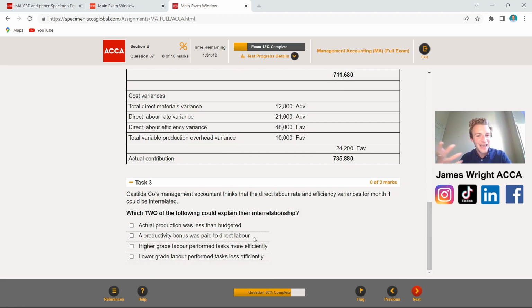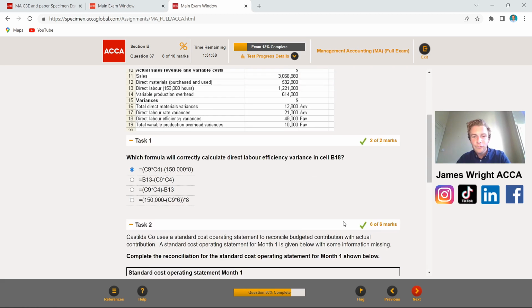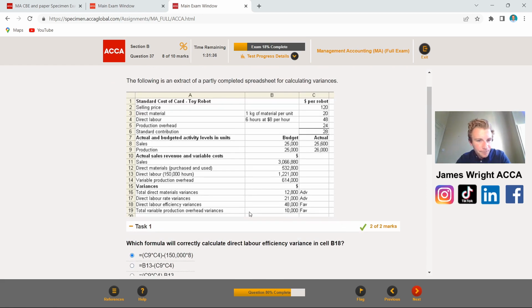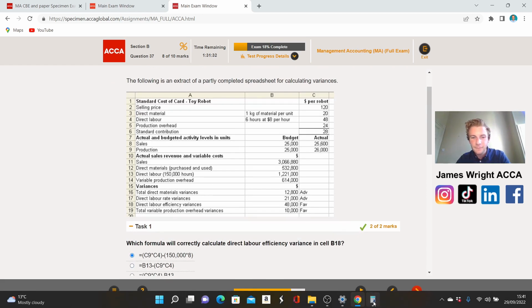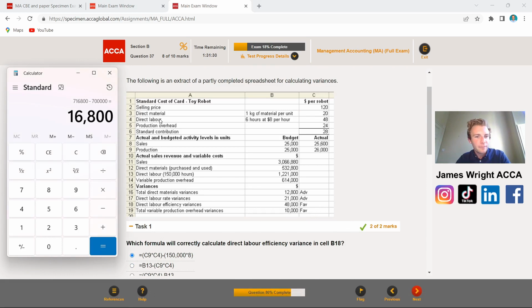Now, I hinted at that already, but let me show you where that comes into effect on here. So if we come back up to the actual direct labour on there, so the 150,000. Remember from the actual standard costing, that direct labour we pay at $8 per hour. So the 150,000 multiplied by 8 gives us 1.2 million.